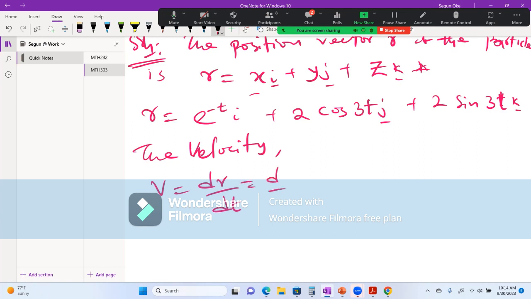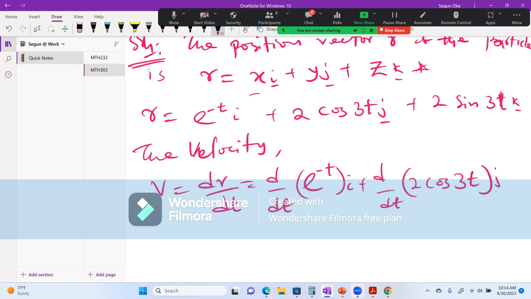That is d/dt of e to the minus t i plus d/dt of 2 cos 3t j plus d/dt of 2 sine 3t k.